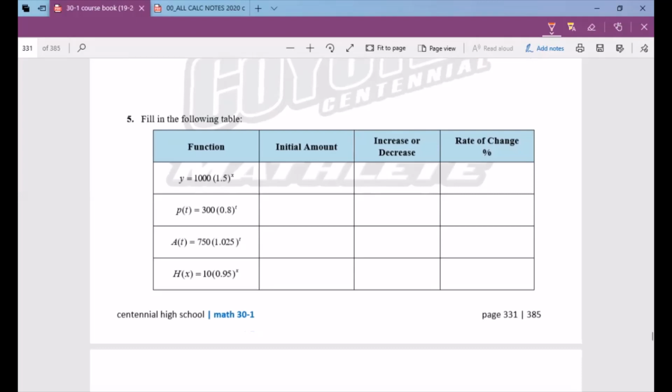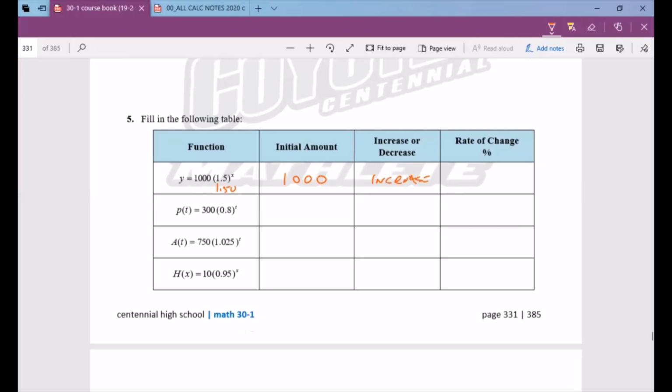So what this ends up being is we have a table, y is equal to 1,000 times 1.5 to the x. So this is 1.50. We have an initial amount of 1,000. It's greater than 1, the base, so this is increasing.